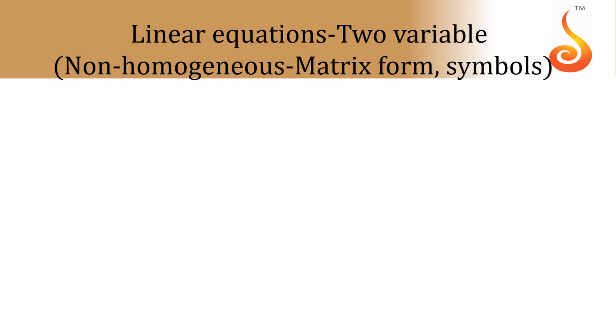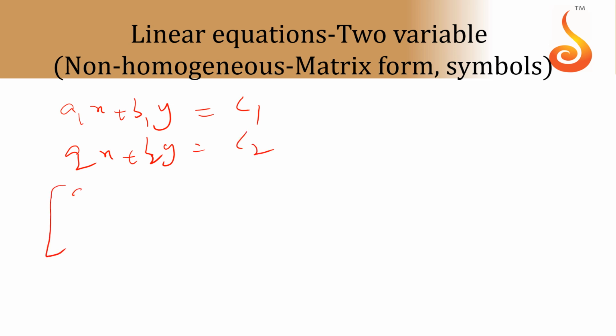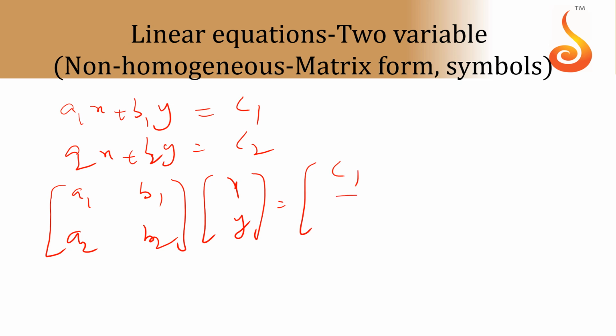Then linear equations in two variables, non-homogeneous. So matrix form and symbols. Suppose a1x plus b1y equals c1, a2x plus b2y equals c2. You know that if you want to write this in matrix form, it is [a1 b1; a2 b2] into [x; y] equals [c1; c2].